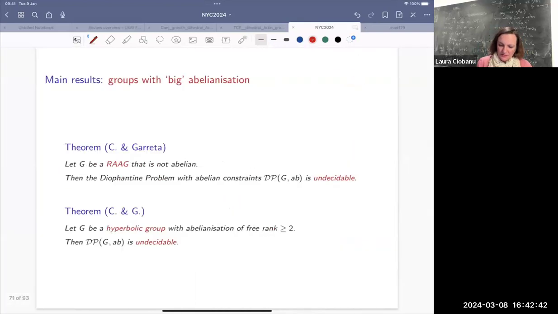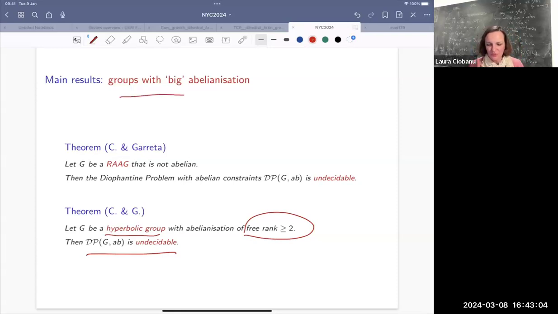The next result is for hyperbolic groups. Again, if the abelianization is just big enough, you can find a Z squared in there, then the problem is undecidable. These are the most technical results, and they're for groups with big abelianization.